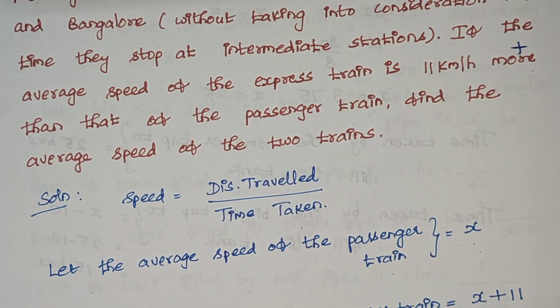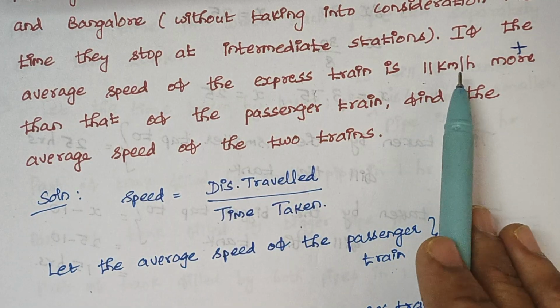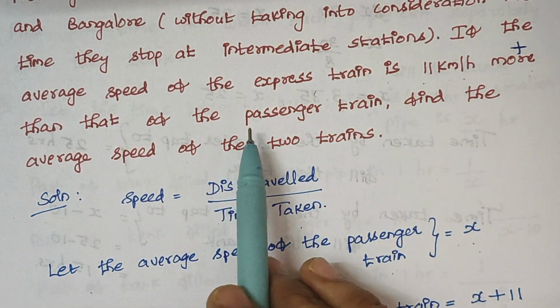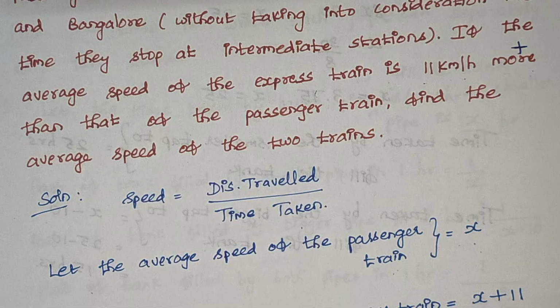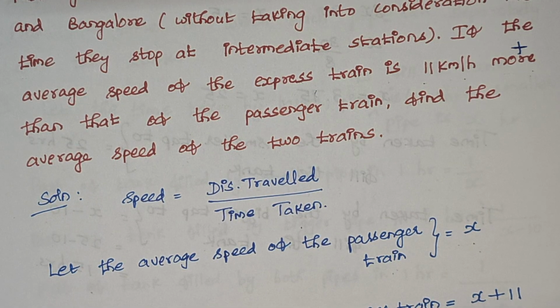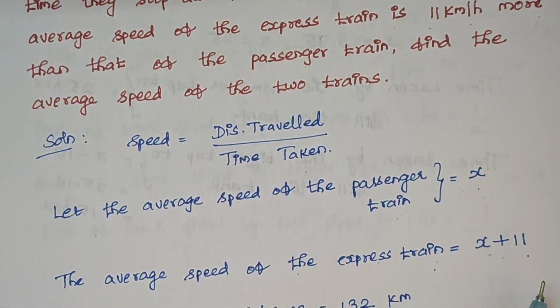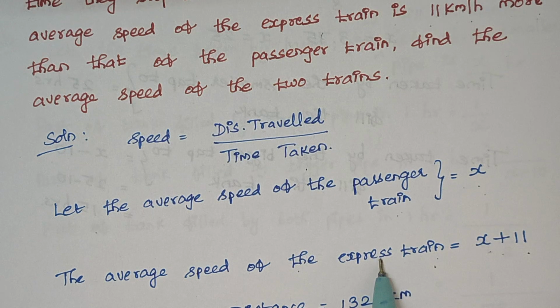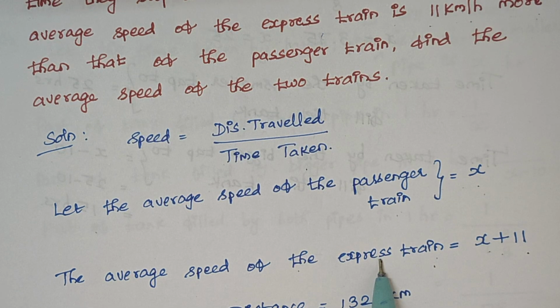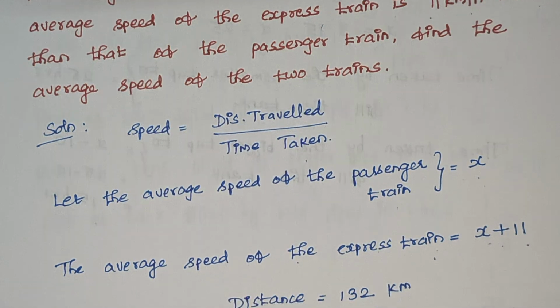Then the average speed of the express train, since it is 11 km per hour more than the passenger train, is x plus 11. Right? Because the passenger train speed is x and the express train travels 11 km more. Therefore, x plus 11.